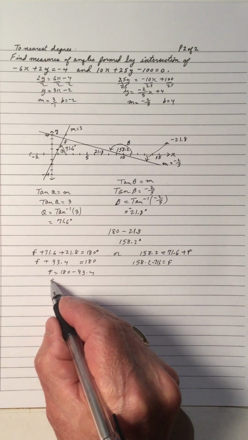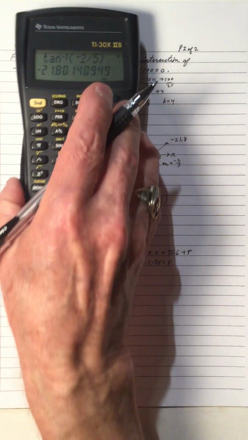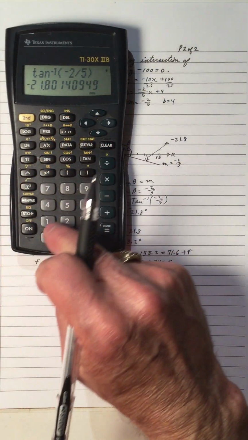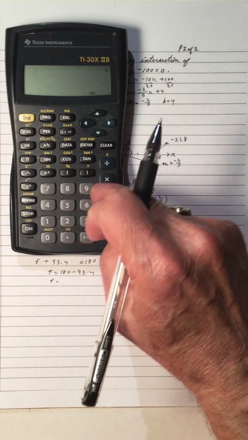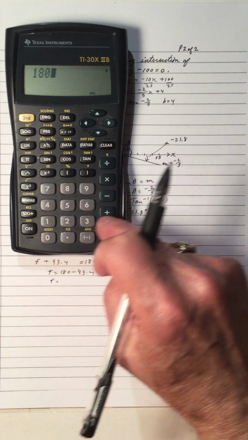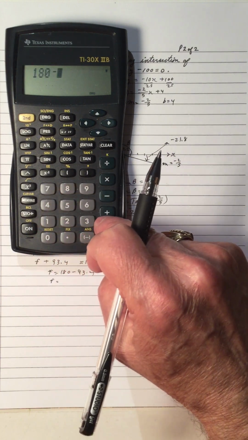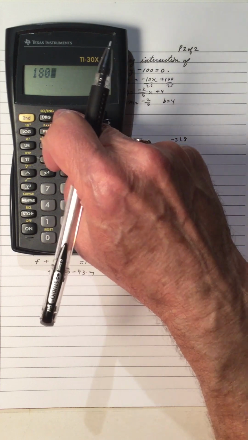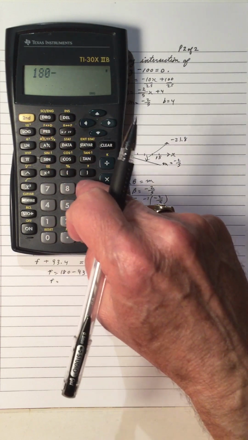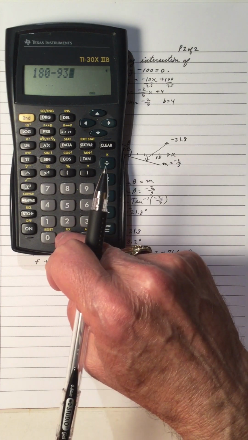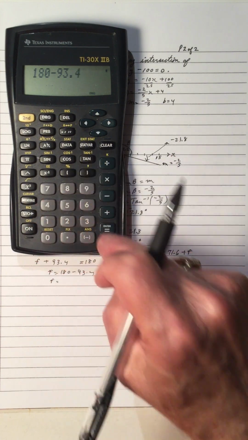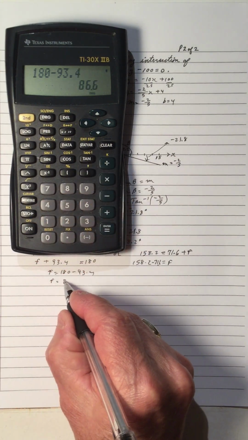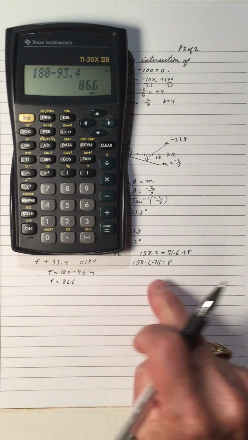So if we take the calculator and clear that, 180 subtract 93.4. So F is 86.6.